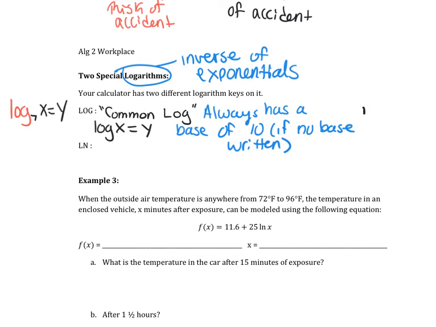So that means we're really saying log base 10 of x equals y. So it's implied, it means the same thing. If you see a log with no base written, that means it's base 10. That means it's the log button on your calculator. If you look on your calculator, I think it's on the left side, the 4th button from the bottom. So the LN button below that represents the natural log.